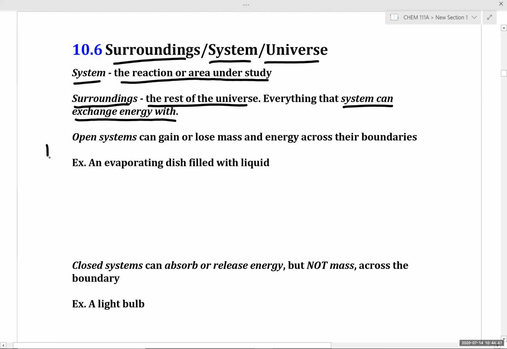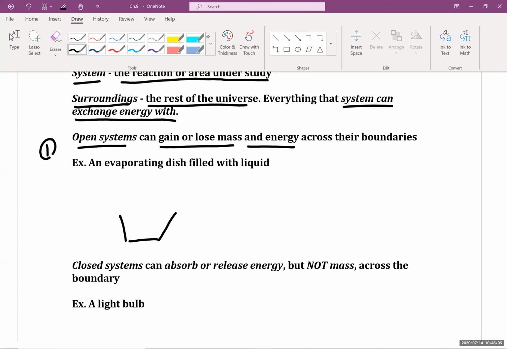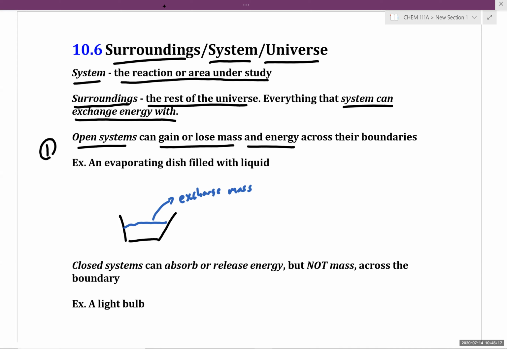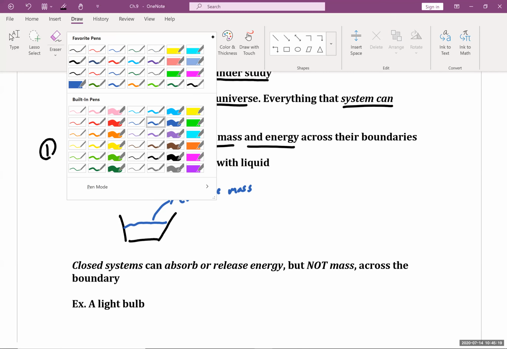Now, there are three main types of systems. The first of which is known as an open system. And as the name implies, it can gain or lose mass and energy across its boundaries. So for example, if you have an evaporating dish that's filled with liquid, you can both exchange mass, you can lose liquid via evaporation, and you can also exchange heat.